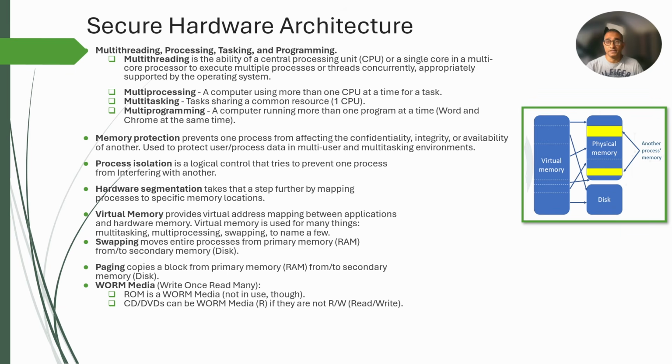All these concepts are implemented based on some hardware design choices. For example, memory protection, because you do not want a situation where a Word document that you are working on gets tampered with by the Chrome session that you have opened in parallel. So that's why the concept of memory protection becomes very important.